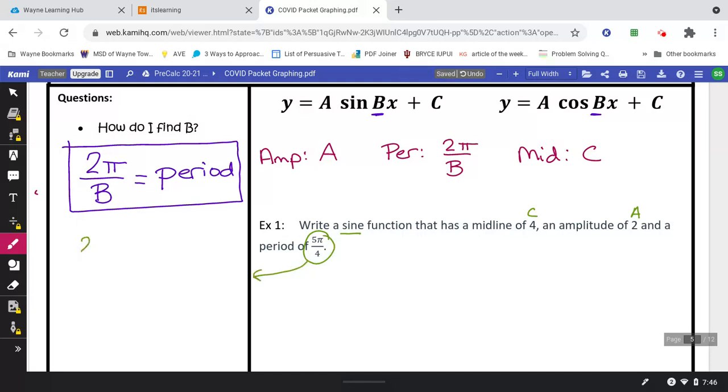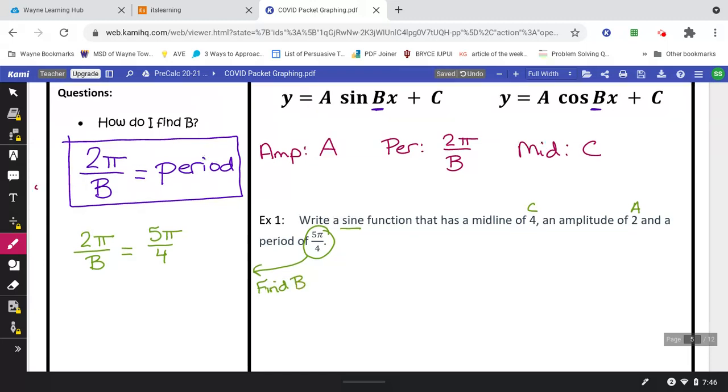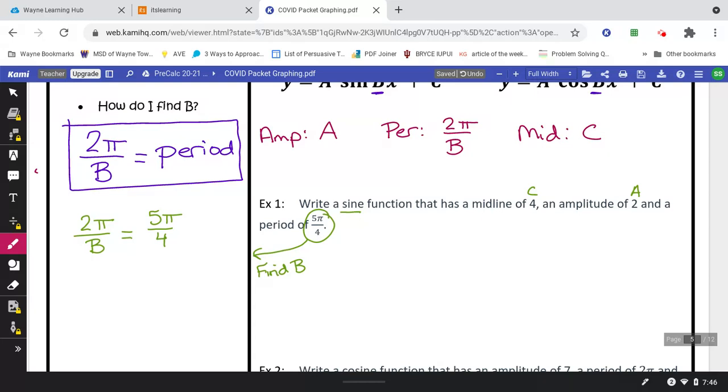So we're going to take 2 pi over b and set it equal to the period they give us, 5 pi over 4. And that's how we're going to find b. So for each of these problems, we're going to cross multiply. b times 5 pi equals 2 pi times 4.